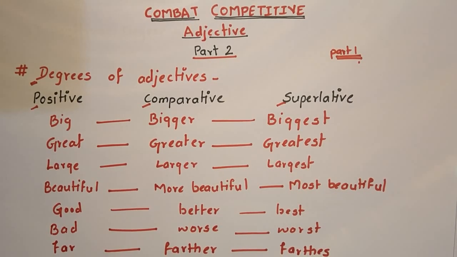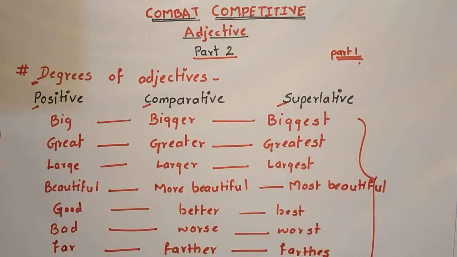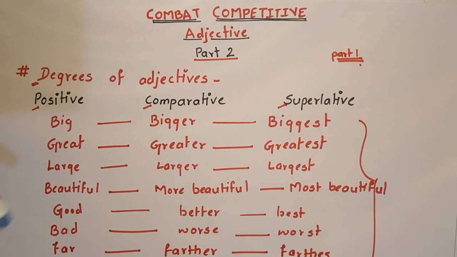Here I told you some important and unique examples. You can refer to any simple grammar book to know more examples about degrees of adjectives. And if you want me to give you respective examples, then please comment in the comment box. I will attach a PDF with the next video.